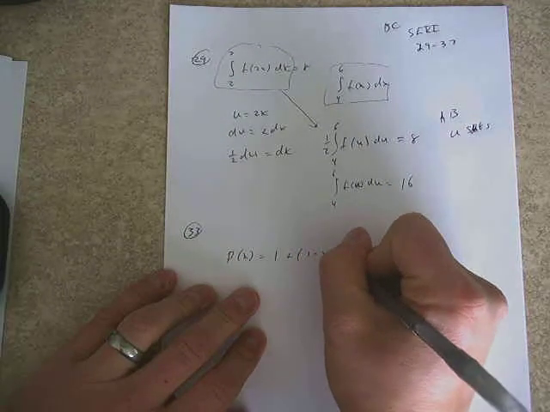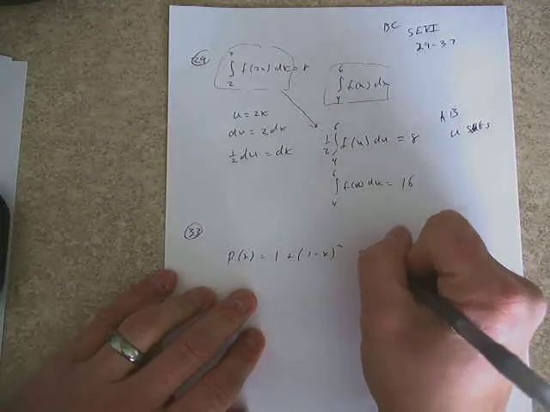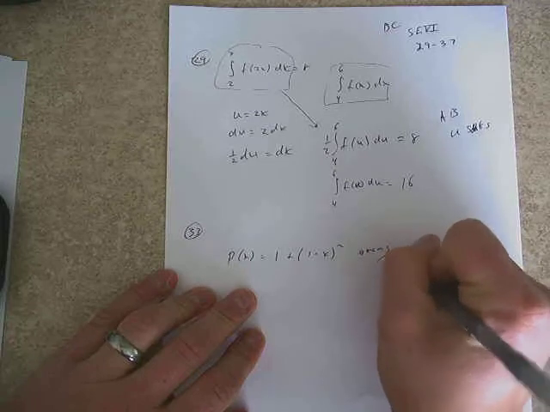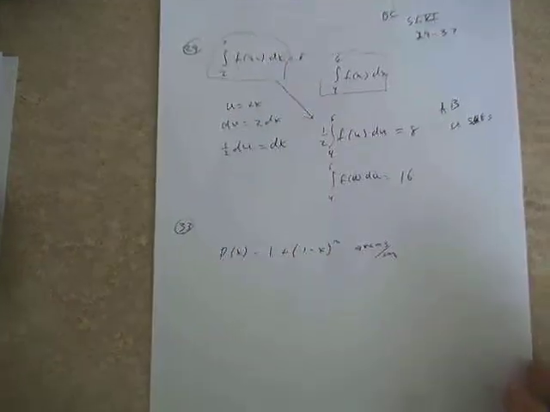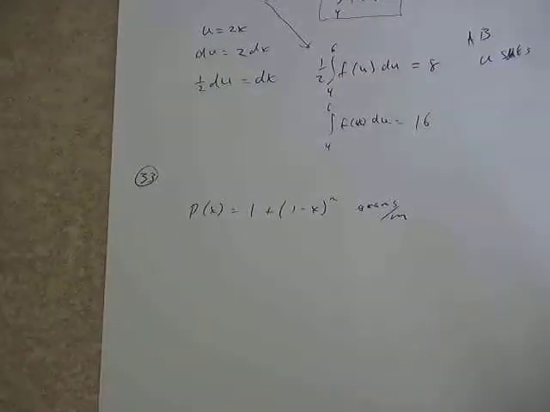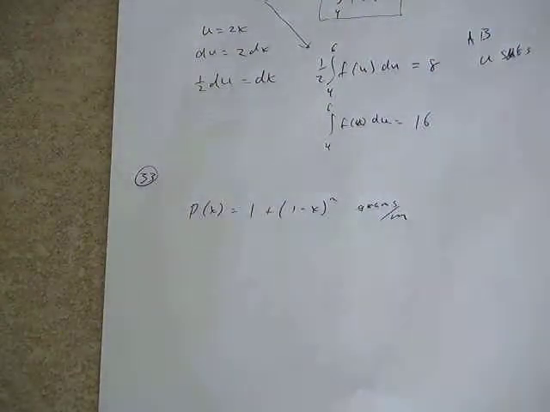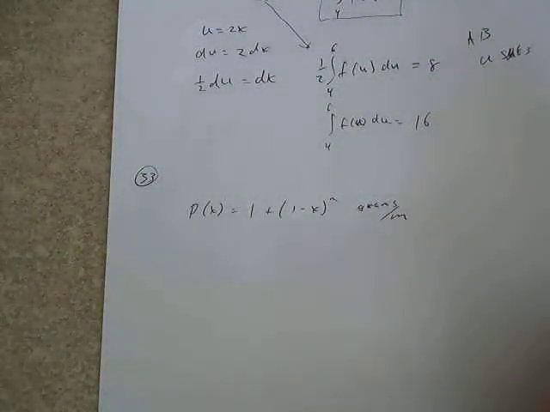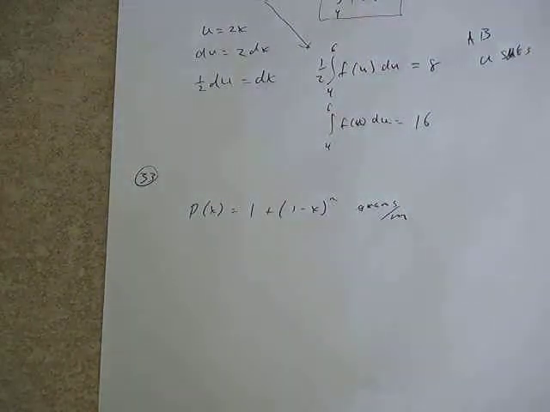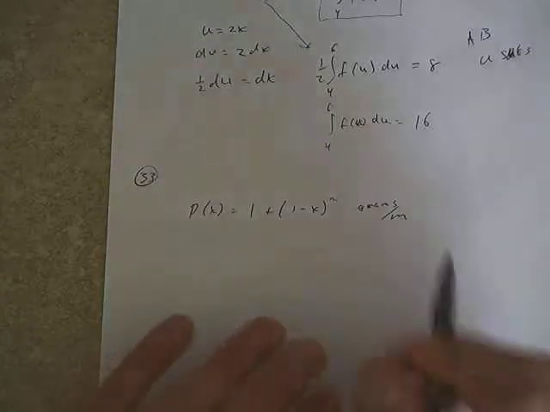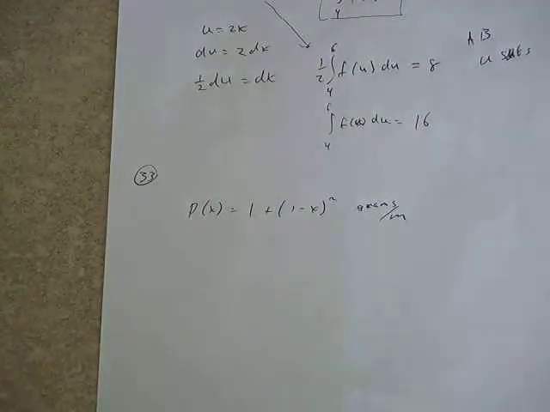We have the density, which you remember we call that variable rho, and it's measured in grams per meter. So the question here says the density of a thin metal rod 1 meter long at a distance x meters from one end is given by the rho equation, and the question is what is the mass in grams of this rod? Okay. So again, this is the density function.